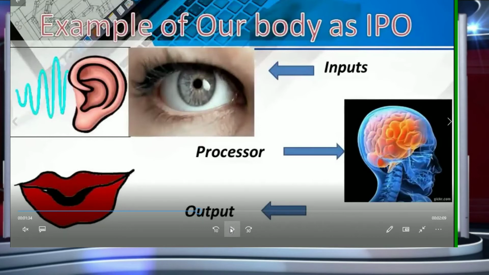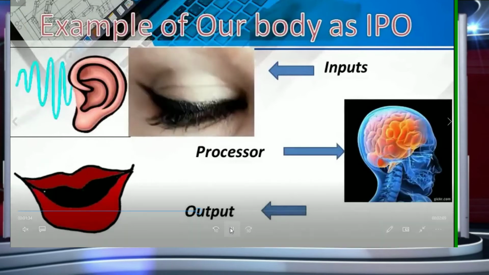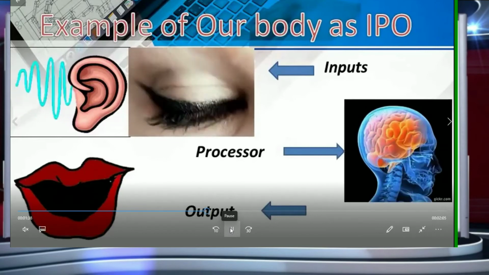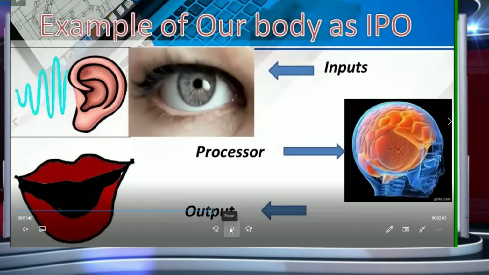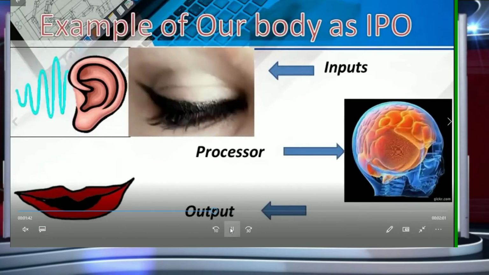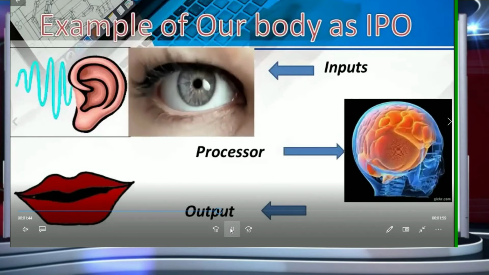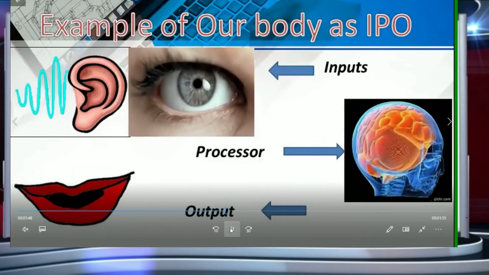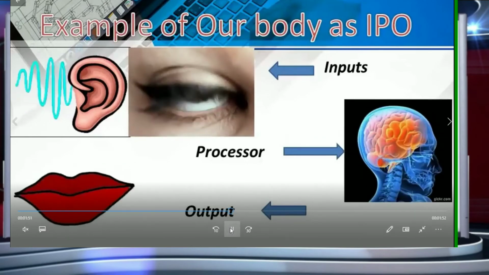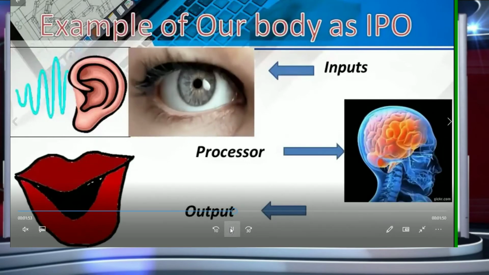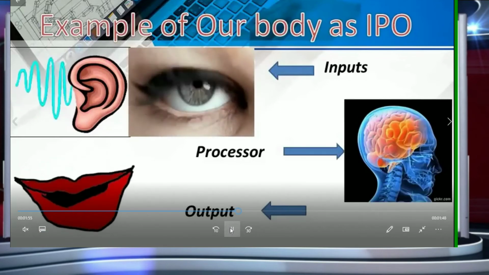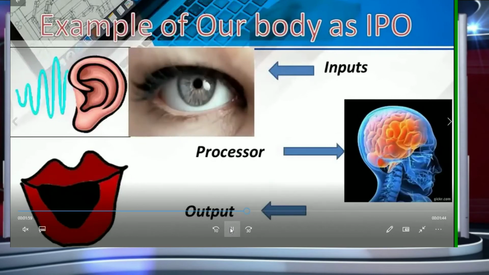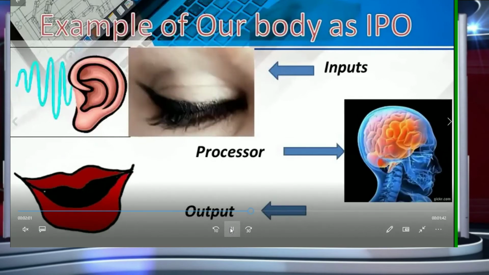Our brain stores everything that a teacher says. Then it thinks of an answer and orders us to speak. In this way, the brain works like a processing unit. When we answer with our mouth, it works like an output unit. So, this is again input, processor and then output.